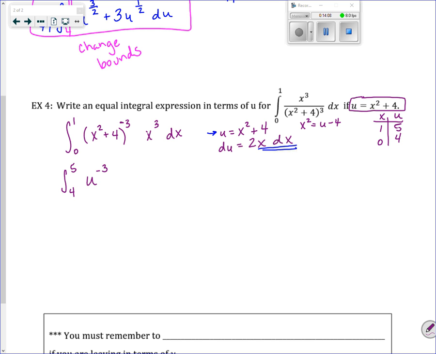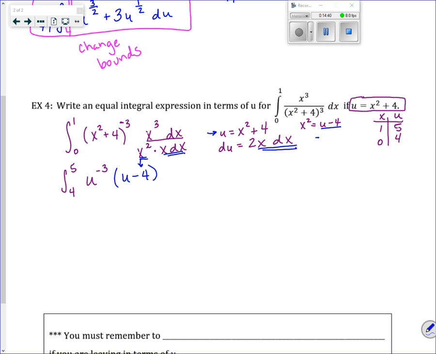So I'm going to be clever. I'm going to say, you know what? X cubed dx, I'm going to write that as x squared times x dx. I mean, isn't that x cubed? So I'm not changing the problem. I'm just being really smart in how I write that. So let's do that substituting. X squared is u minus 4. So that comes from x squared.